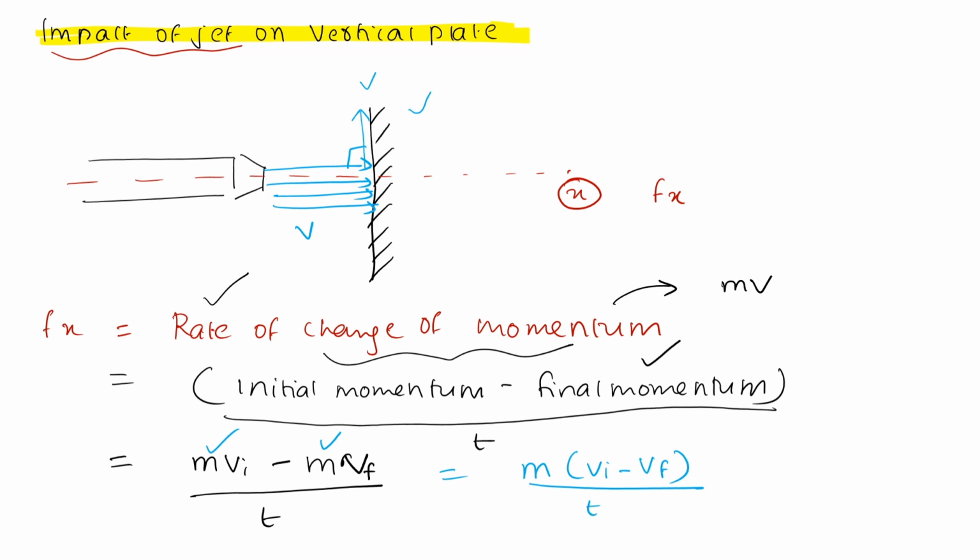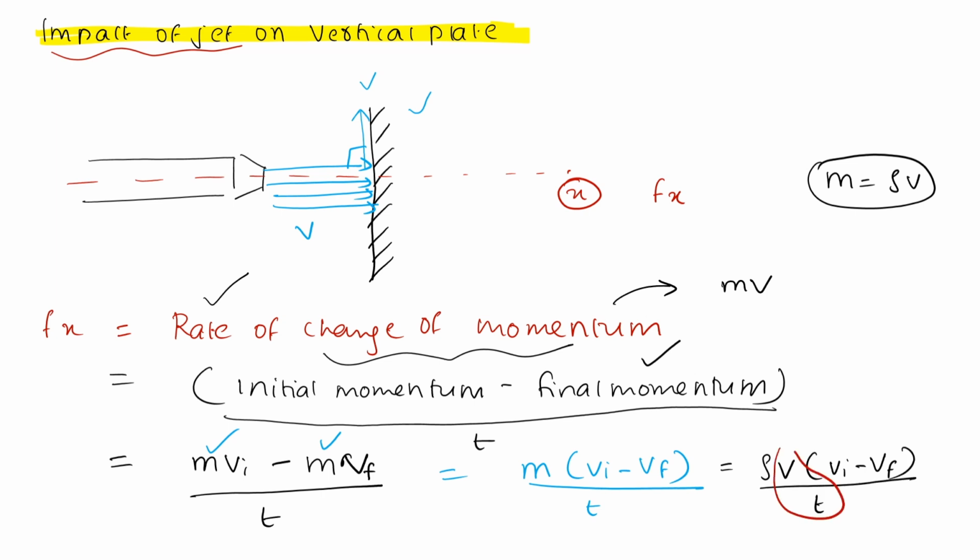We know that mass is equal to density into volume, so we can substitute mass as density into volume into initial velocity minus final velocity, whole divided by time. Again we know that discharge is equal to volume by time, so I can replace volume by time with discharge. So I can rewrite the equation as density into discharge into initial velocity minus final velocity.